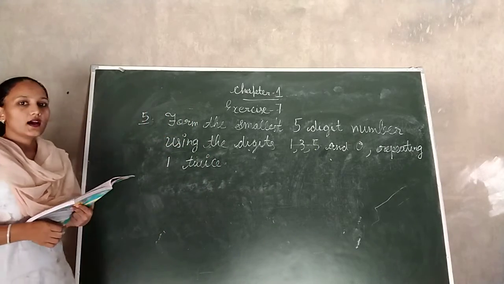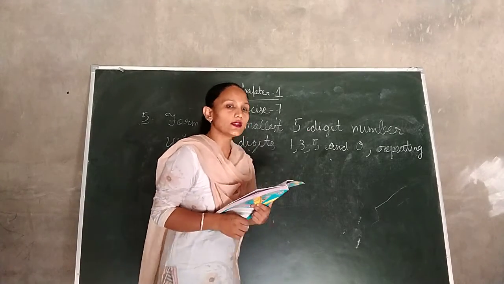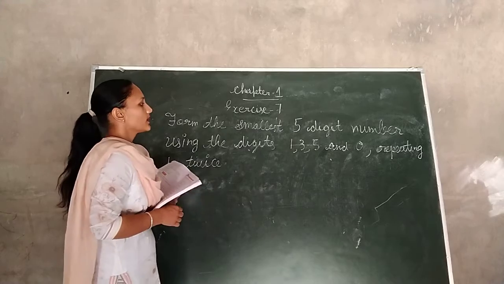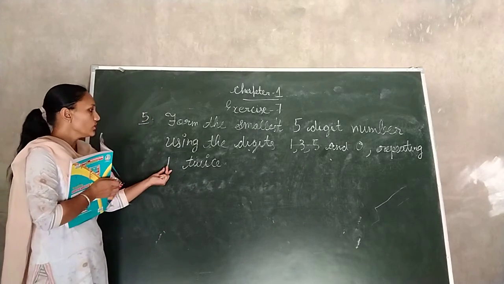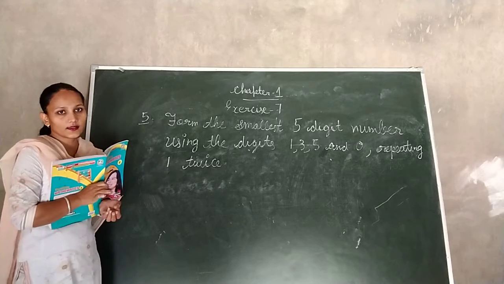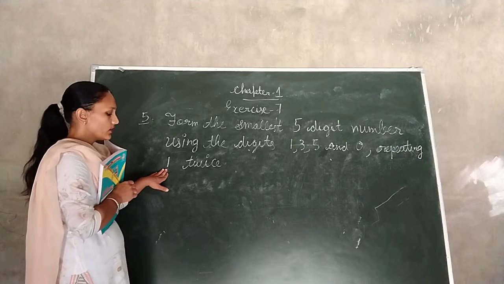So now we have been given 4 digits and we have to make the smallest 5-digit number. And what we have to do? We have to repeat 1 twice. So it means we have to use 1 two times.